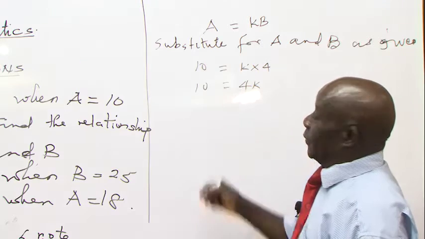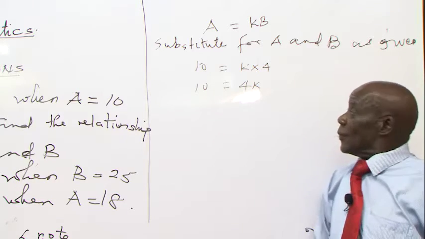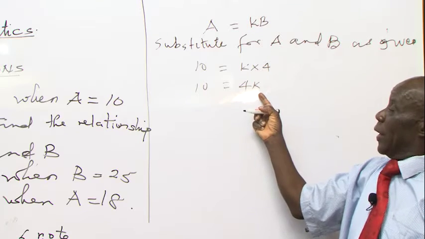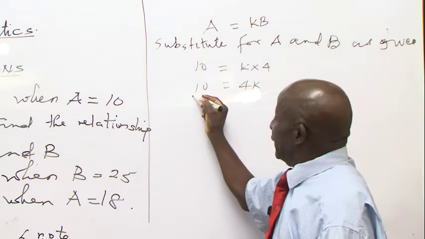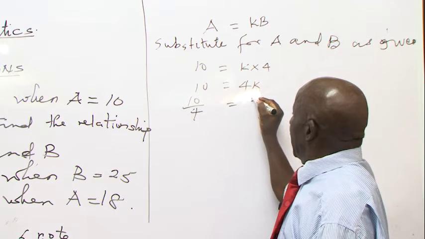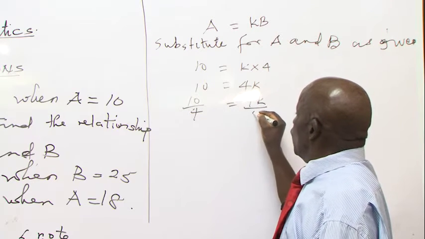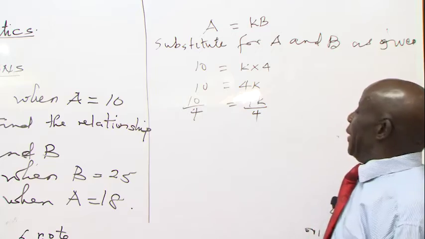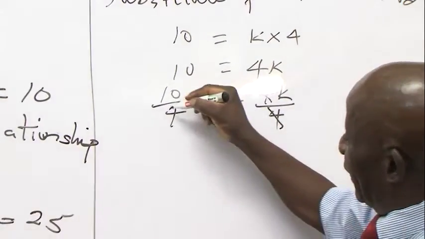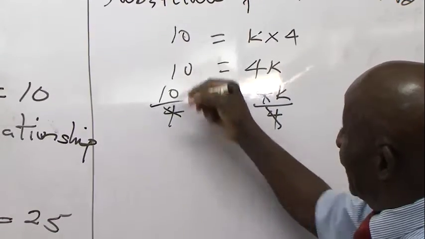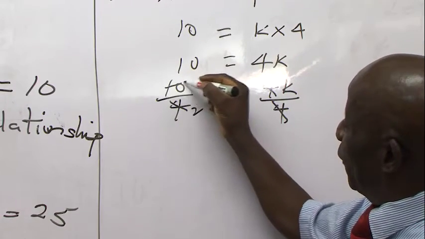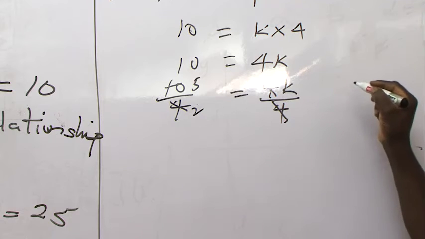10 is 4K. This is just a linear equation. You are looking for K, so divide through by 4. 10 over 4 equals 4K over 4. You are trying to eliminate 4. This cancels this here, 2 here, 2 here, 5.